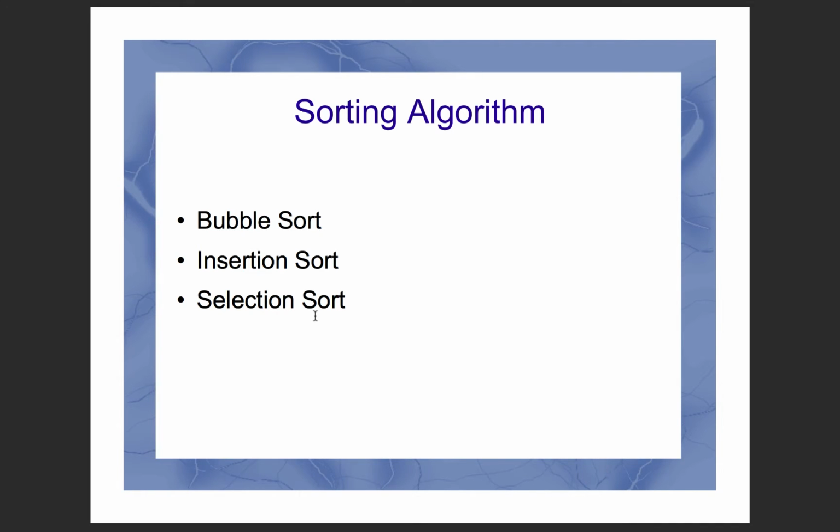They have different ways to sort data. When we talk about sorting, that means you arrange data in some order, which could be ascending or descending. Bubble sort, insertion sort, and selection sort all arrange data in some order, but they have different processes.